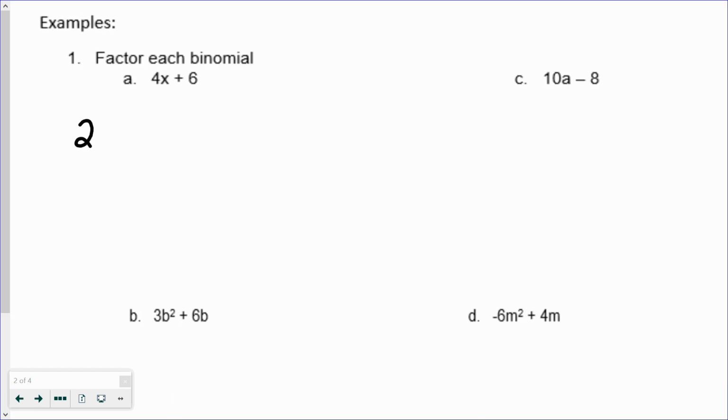I pull the 2 out in front, and then I go bracket, and it's like I'm dividing each term by 2. So 4 divided by 2 is 2, and I'm left with the x because I didn't do anything with that. And then I go 6 divided by 2 plus 3. But when we divide by the 2, I can't get rid of it. I have to pull it out in front.